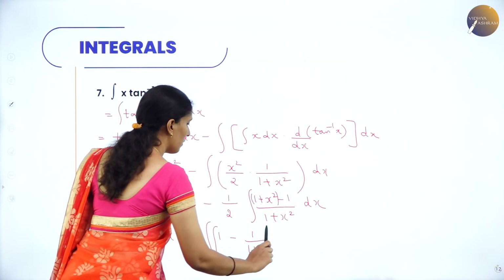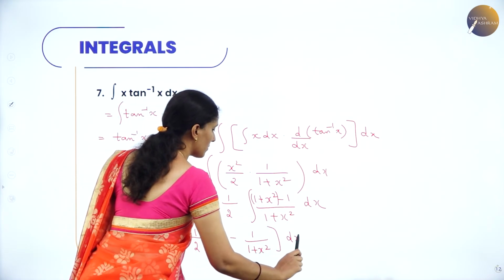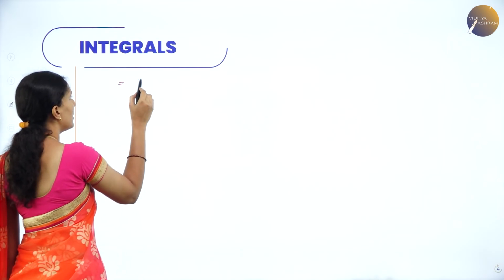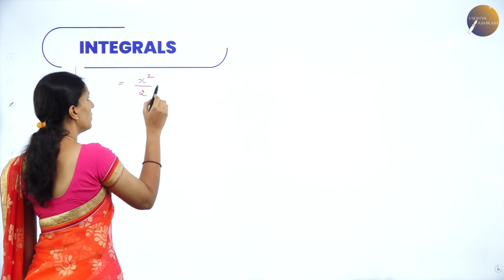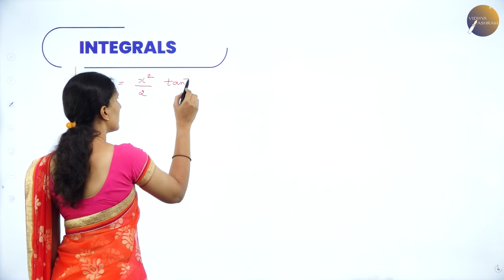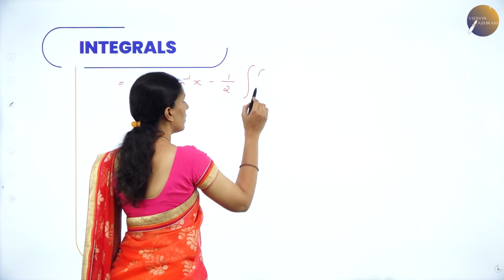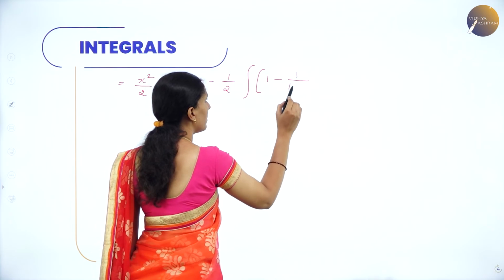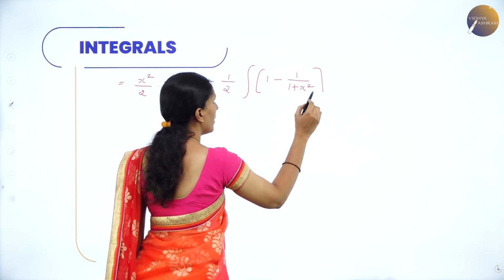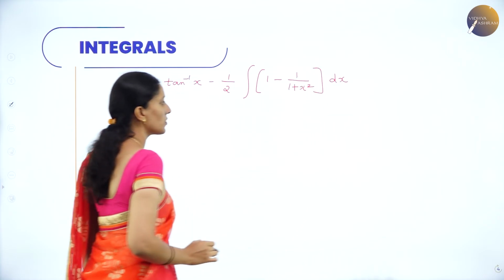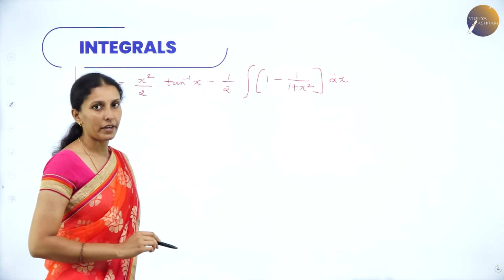So with respect to dx. So what we got there, that is x square by 2 into tan inverse x minus 1 by 2 integral of 1 minus 1 divided by 1 plus x square with respect to dx. So this is what we got after simplification.